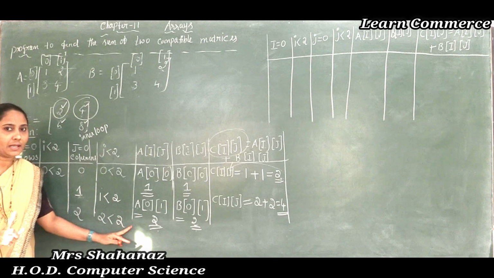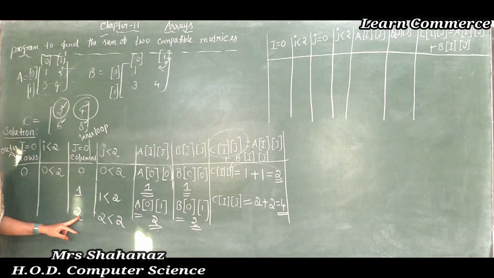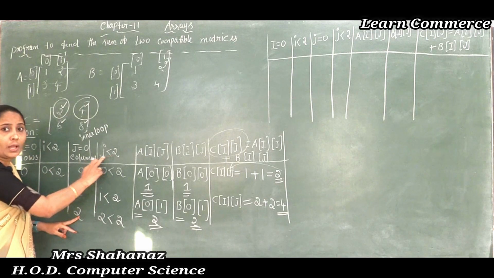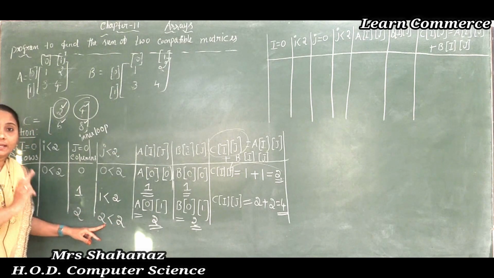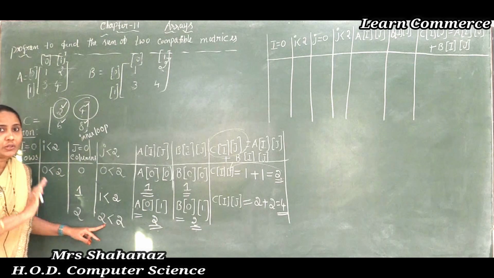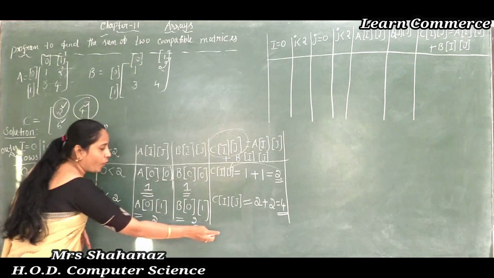Did everyone understand? When you increment the j value to 2, until where should the condition be satisfied? Till 2, correct? But when you use the condition, what does it say? The condition says 2 less than 2. Is it correct? No, the condition is false. That means we need to stop the solution.